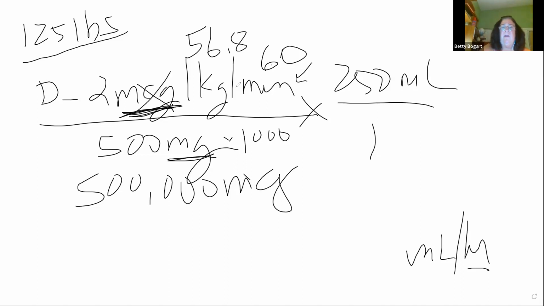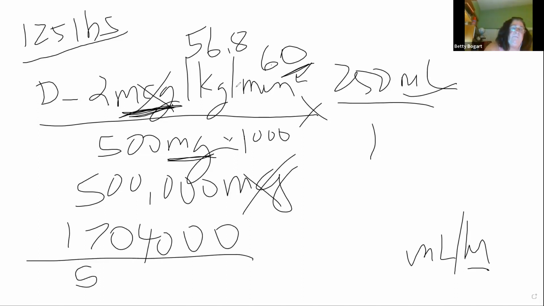Now let me show you something. Micrograms over micrograms is going to cross off. So it's going to be mLs per hour that is left. So let's just multiply again the top line and then divide it by the bottom line. So 2 times 56.8 times 60 times 250 equals, and don't be afraid of these big numbers, okay?